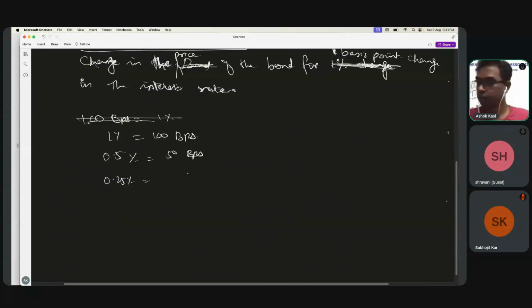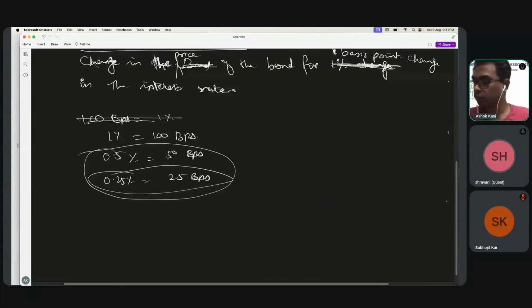Tell me. 25 basis points. Normally, banks use these terms. We are reducing or increasing interest rates by 50 basis points, 25 basis points. Now if I say 0.1%, that will be 10 basis points. If I say 0.01 percent, that will be what? That will be 1 basis point.